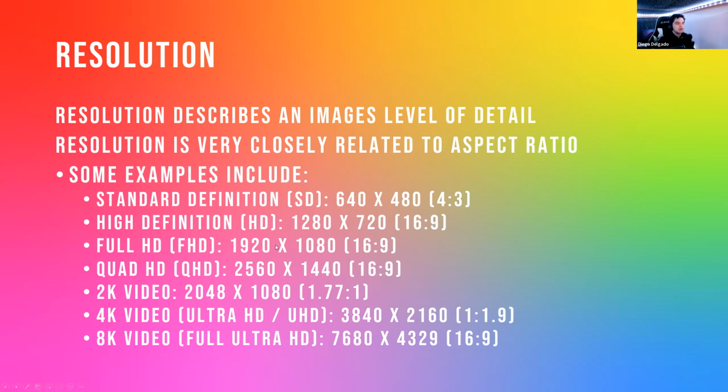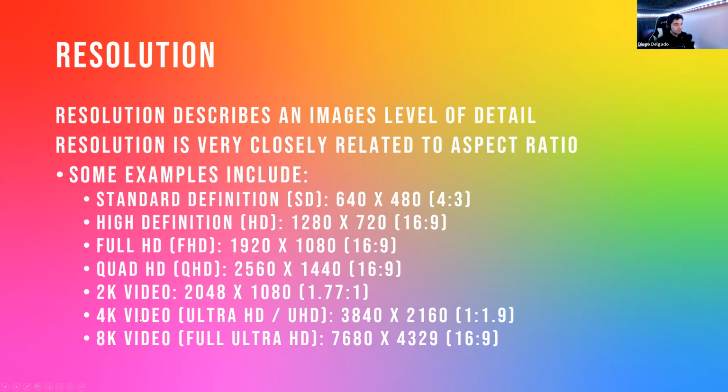Full HD is where I think most people work the most. I think it's just really common. You've got Quad HD, which is just a little bit better. 2K video, now we're starting to get into those big, serious numbers, which is 2048 by 1080. This is a slightly different aspect ratio, 1.77 by 1.